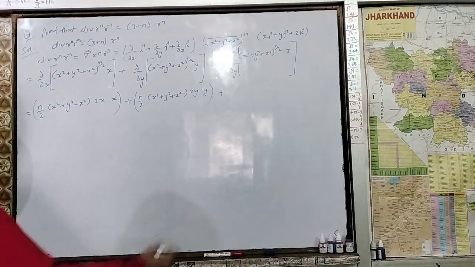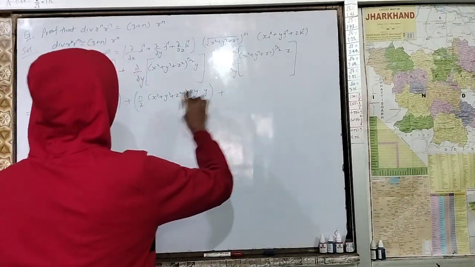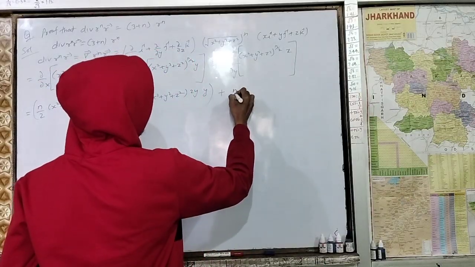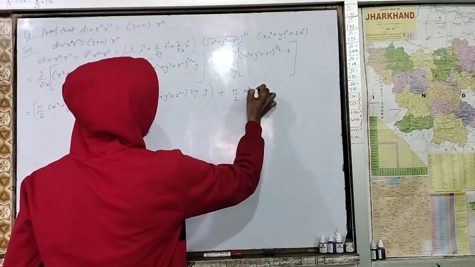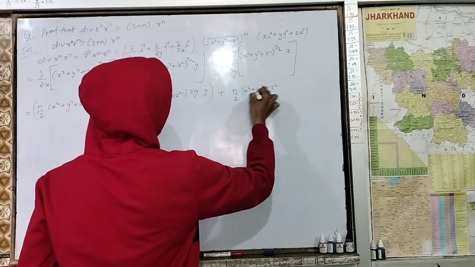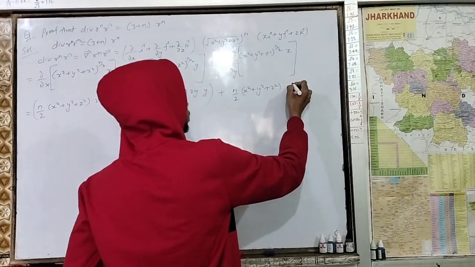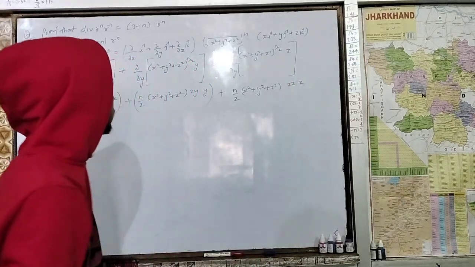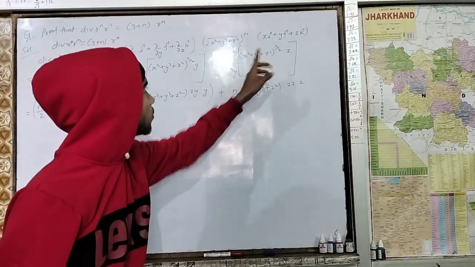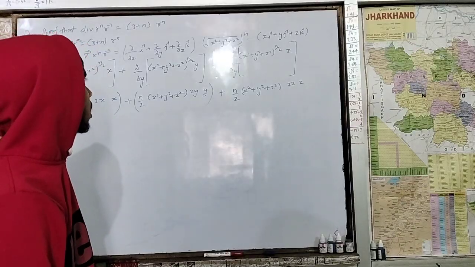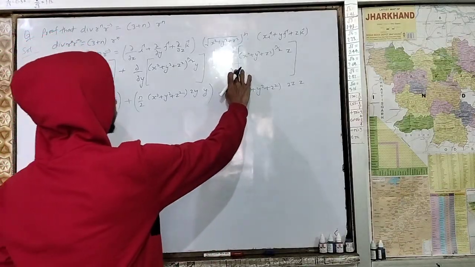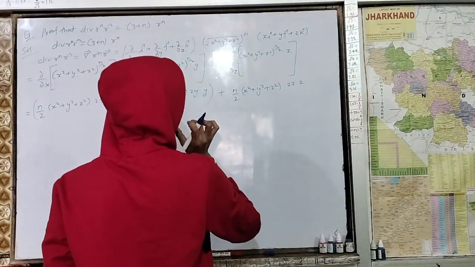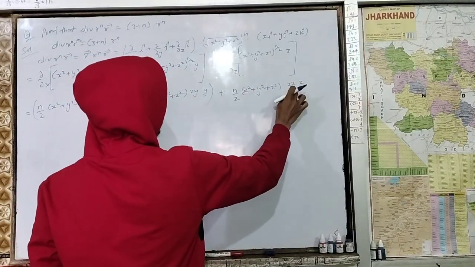Okay. What about this? Was this the second term? No. Next is the third term. So differentiation of this will become the same, x square plus y square plus z square, into 2z. This is 2z. How did it come? It came from differentiation of z square with respect to dz.